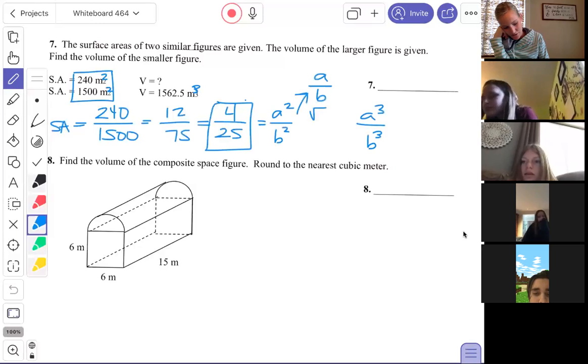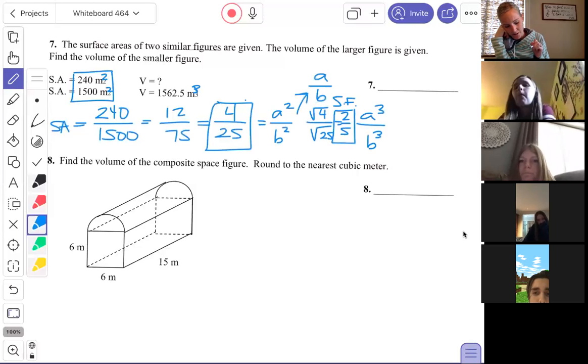So I would take the square root of 4 and the square root of 25. That would be 2 to 5. So this is my scale factor, 2 to 5. But I don't want a scale factor, I want a volume. So how do I make that a volume? You cube it now, right? So it's going to be 2 cubed to 5.